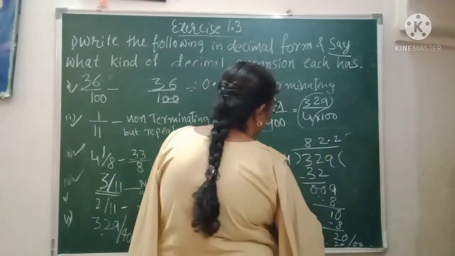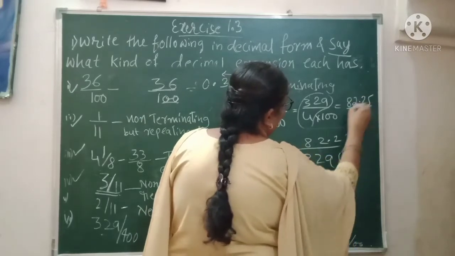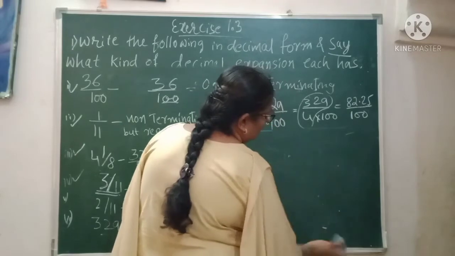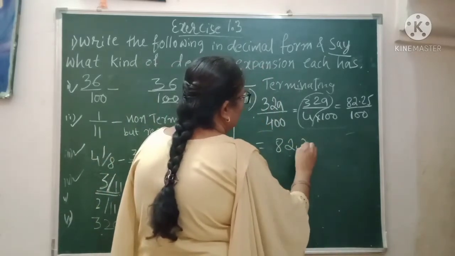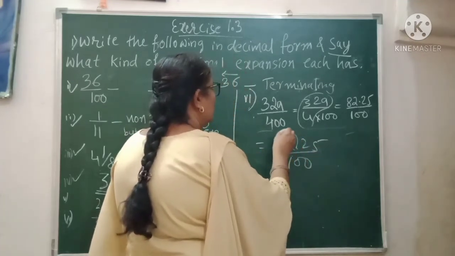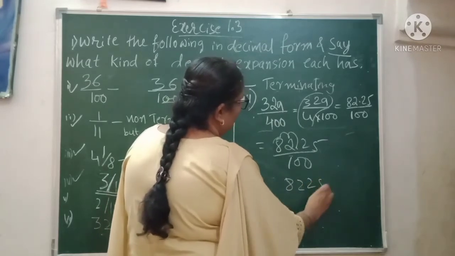But at the same time, look at this one. This I have got as 82.25 divided by 100. So this can be written as 82.25 over 100. 2 zeros we have. You are shifting the decimal point two places. So what happens here? You can write 0.8225. How to see?